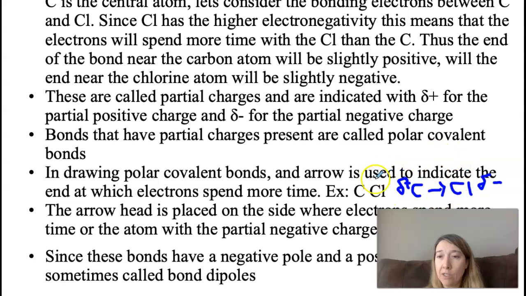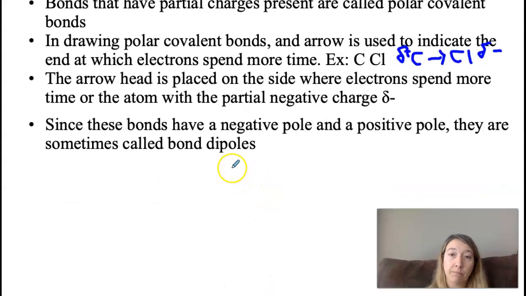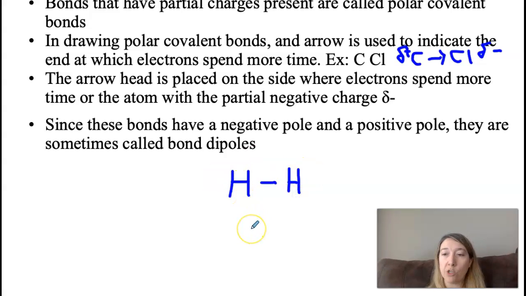If my molecule was non-polar covalent, like H2, I wouldn't change anything about my diagram. It would just look like this, a structural diagram. There would be no partial positives or partial negatives because they both have the same attraction for the electron. There would be no arrow because that shared pair is going to be shared between the two of them, okay?